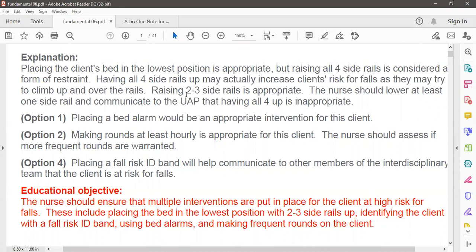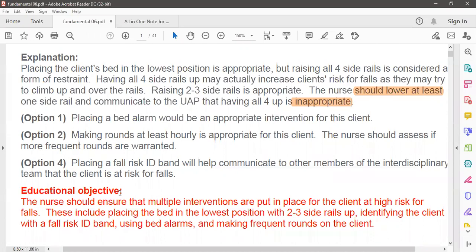Raising two or three side rails is appropriate. The nurse should lower at least one side and communicate to the UAP that having all four sides up is inappropriate. Doing something wrong, we need to correct it.